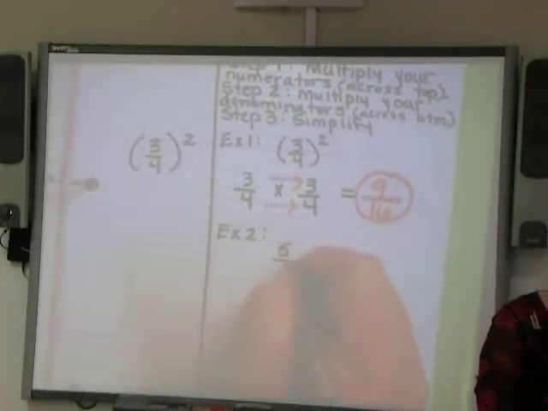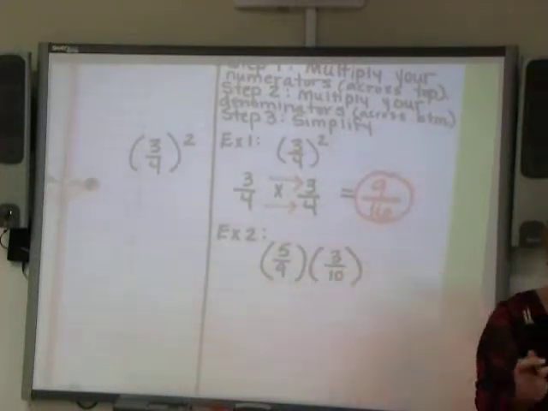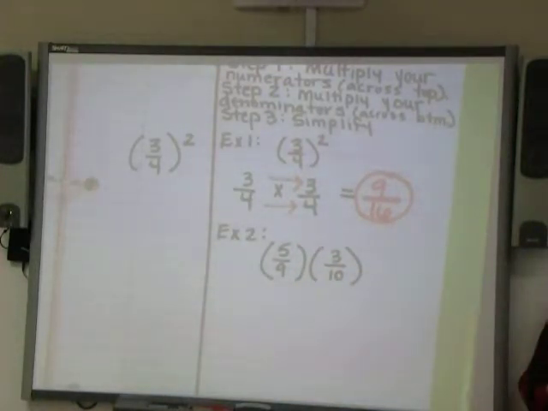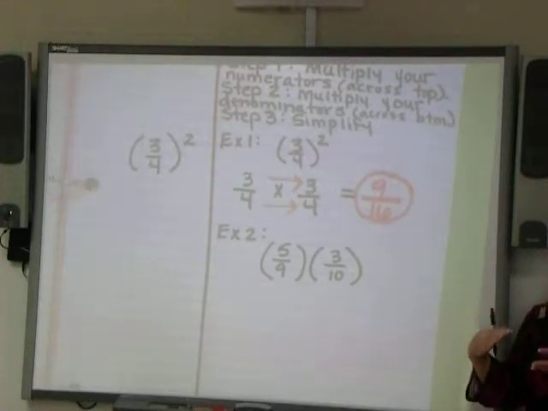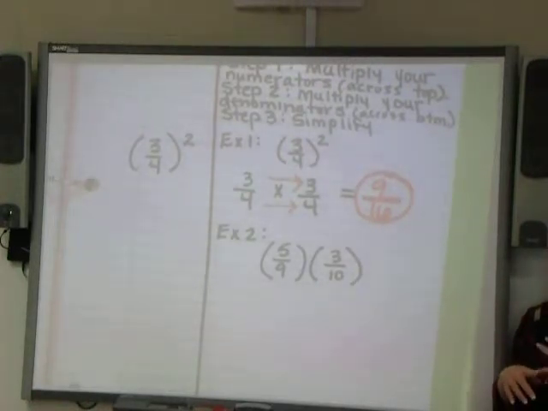Five ninths times 3/10. Now notice I haven't seen any X multiplication symbol. I haven't seen any dots right now that shows me that I mean multiplication.